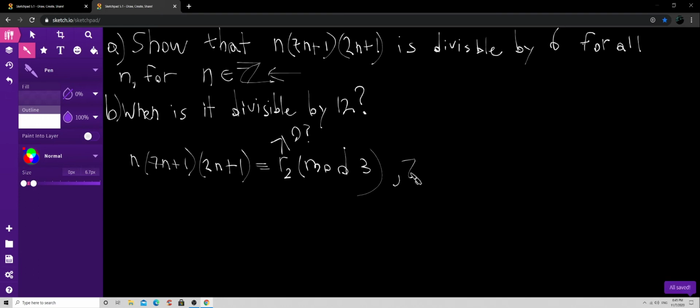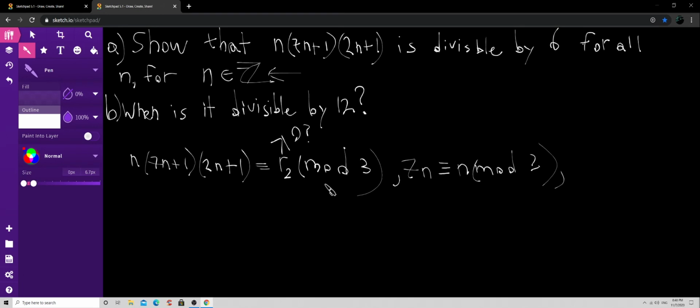So therefore 7n is congruent to n mod 3. And also 2n, well, that's just 2 times n, and 2 is just congruent to minus 1 mod 3, right? Because it yields the same remainder when divided by 3.